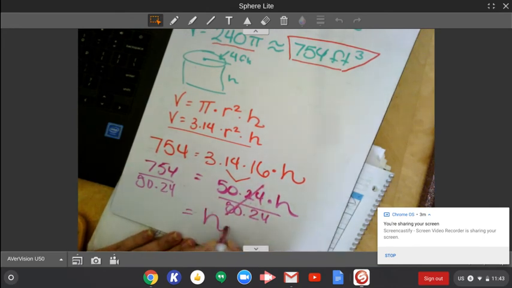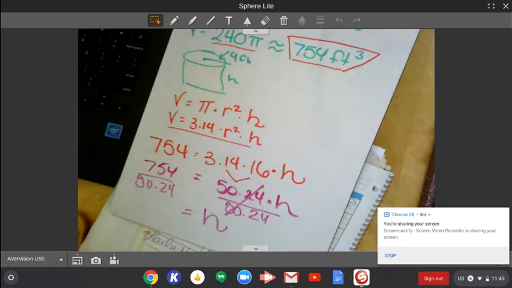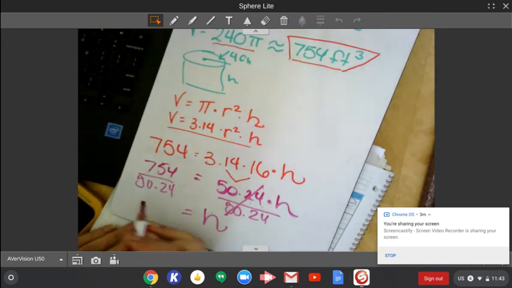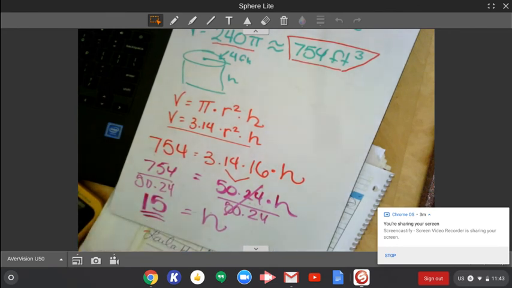So you're just going to write 1H or H. And I'm going to do 754 divided by 50.24. I'm going to round my answers to the nearest whole number. So it comes out as a long decimal, an irrational number, 15.000 something.